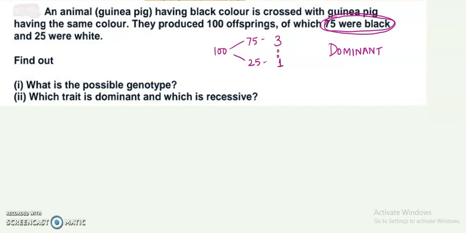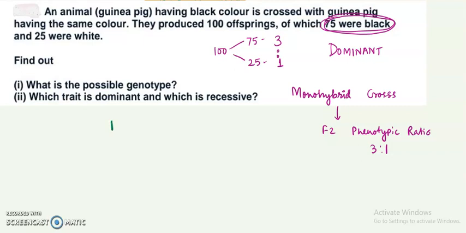Now 3:1 was one of the ratios received in the monohybrid cross, and in the phenotypic ratio in the F2 generation we observed 3:1. Now it is very easy to get to the answer: in the monohybrid cross of the F1 generation, we basically crossed the heterozygous with the heterozygous. Let's see the cross completely.